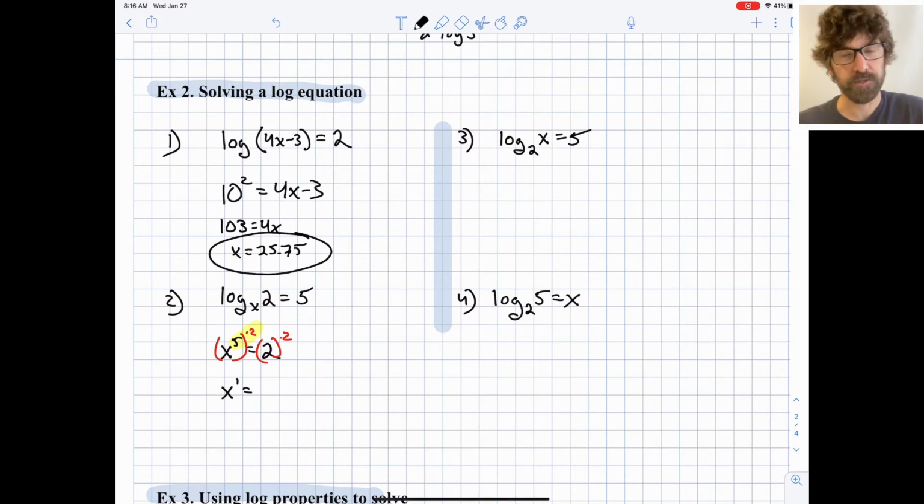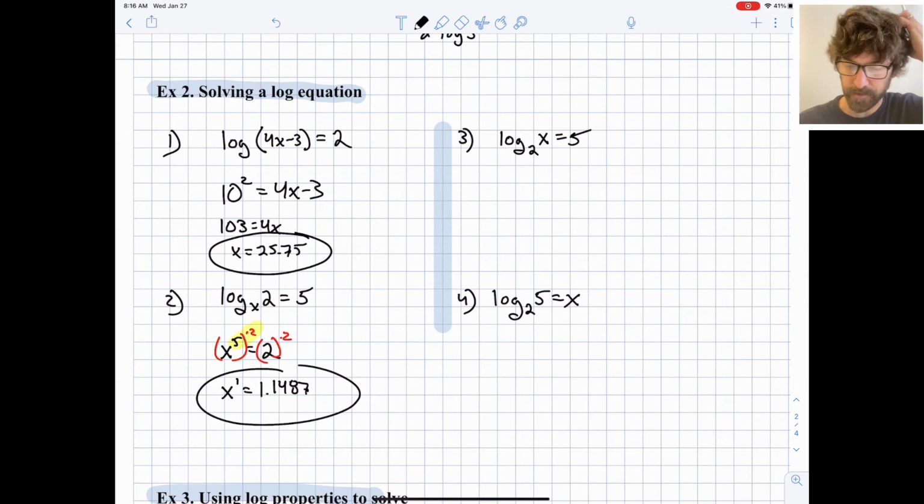And then we need to do 2 raised to the 0.2 on our calculator. And we get 1.1487. So that would be our answer for x right there. It's okay to have a decimal or fractional base of a logarithm. Okay, we solved for x, and x was the base in the original question.